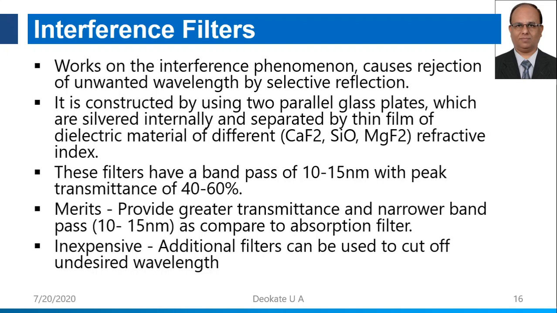And if you are using a filter, for every 30 nanometer you have to use a different filter. If you are using an interference filter, for every 10 nanometer you have to use a different filter. So it will be a tedious job to scan the substance by using the filters.